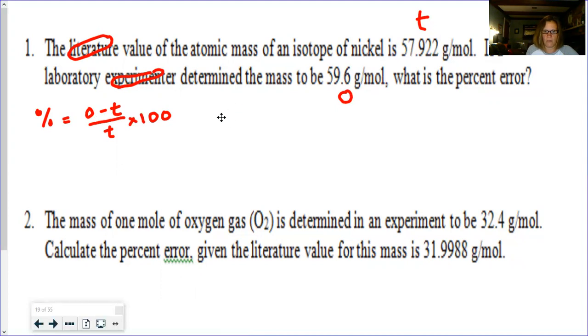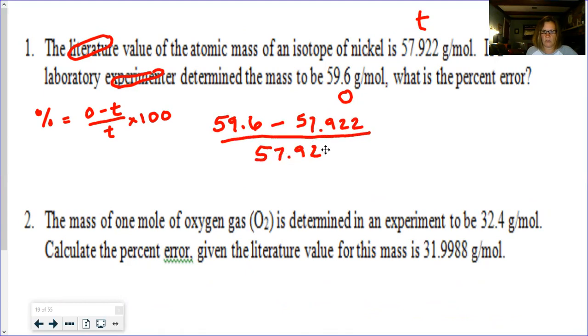So our observed value, 59.6, minus our true value, 57.922, over 57.922 times 100.